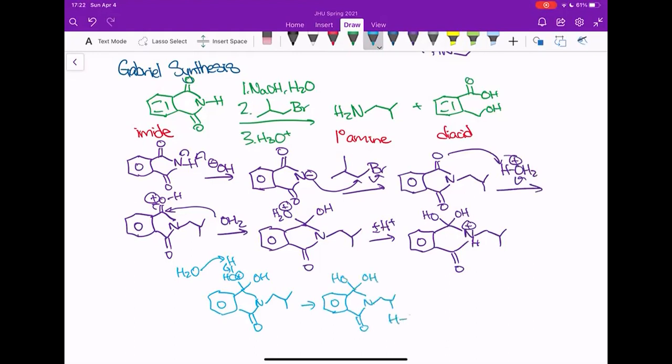And then next, because you just protonated that water, which is why you're under acidic conditions, this nitrogen would grab it and then give you this product right there.